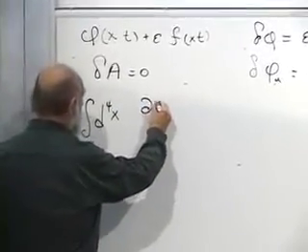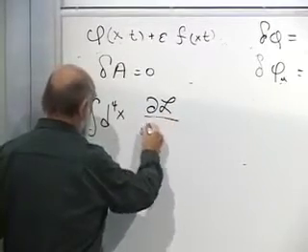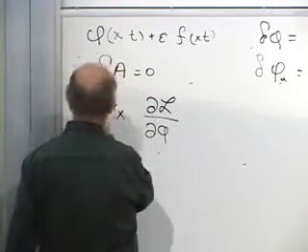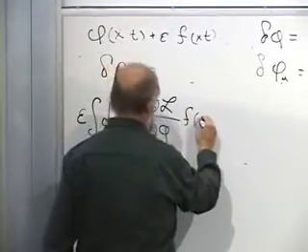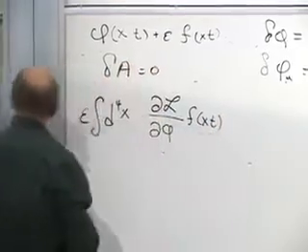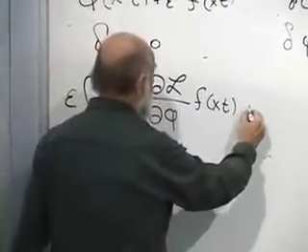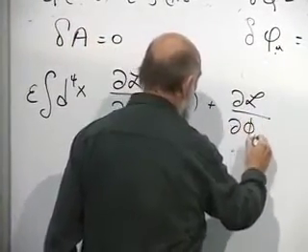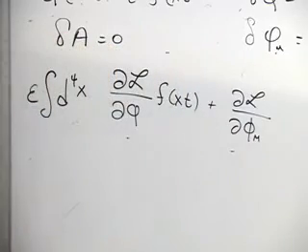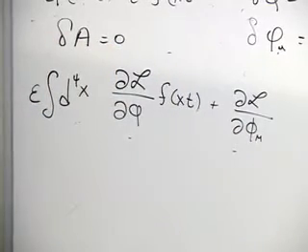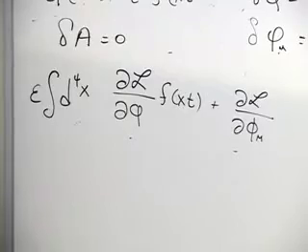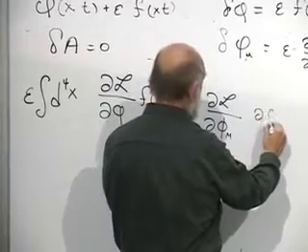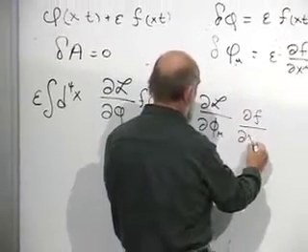That's the derivative of the Lagrangian density with respect to phi times delta phi, that's epsilon on the outside, f of x and t, plus the derivative of the Lagrangian with respect to phi mu, phi t, phi x, phi y, phi z, times the change in phi mu, which is the f by dx mu.